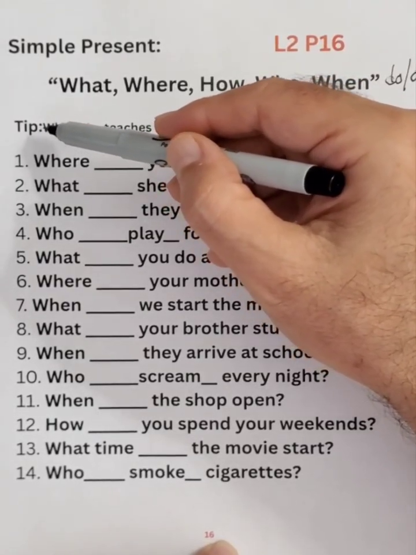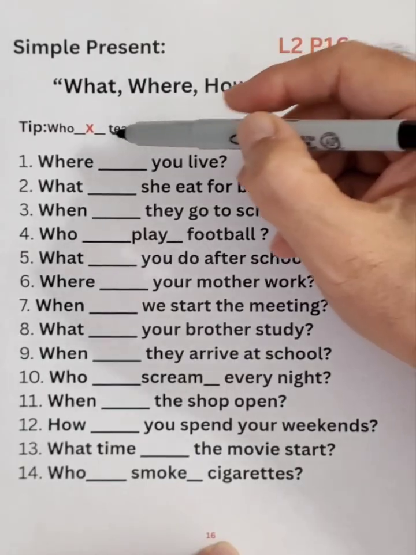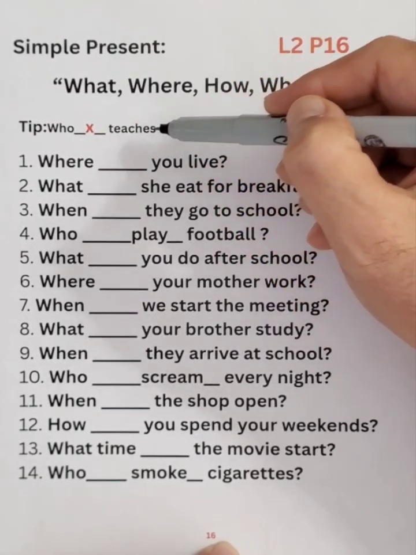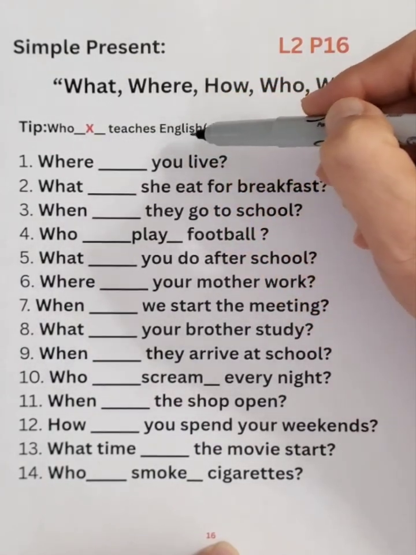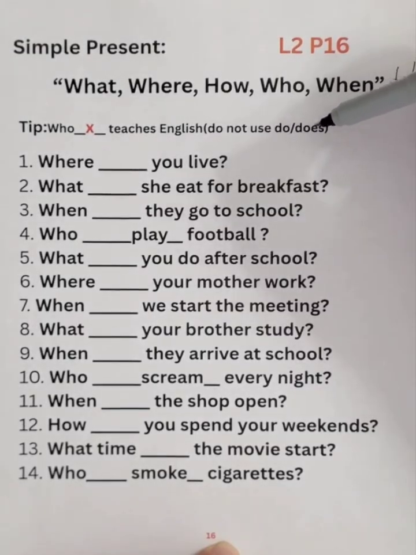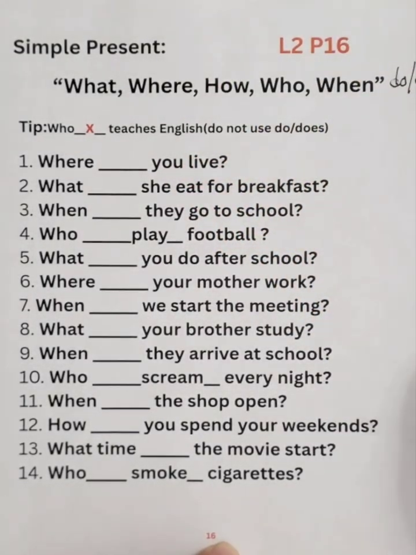For example, who teaches English? We cannot say who does teach English or who do teach English. Do not use do or does for who. Let's get started.